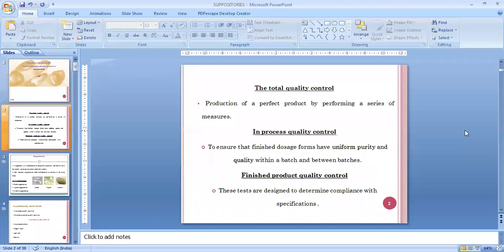In-process quality control ensures that finished dosage forms have uniform purity and quality within a batch and between batches. Finished product quality control tests are designed to determine compliance with the specifications set by the regulatory authorities.